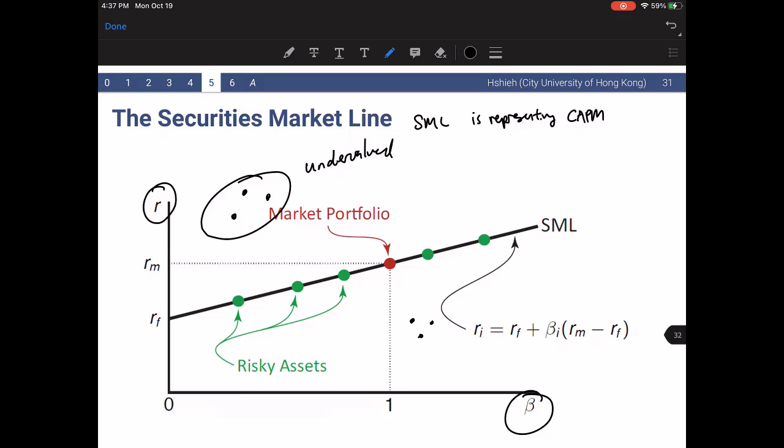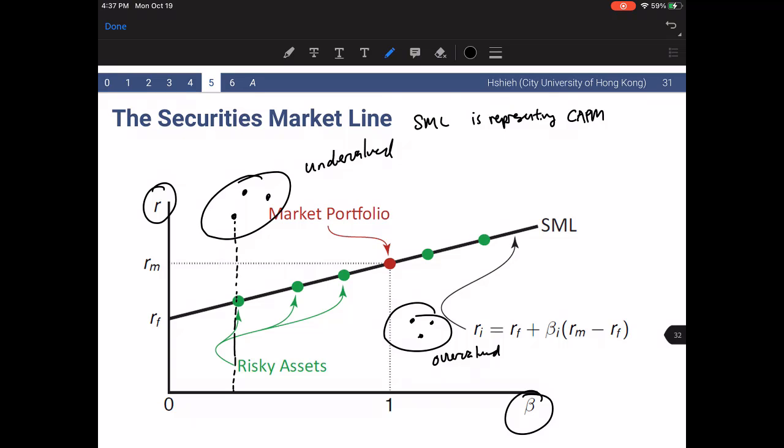And these other assets that fall below the line are deemed overvalued. Let me give you an example here.